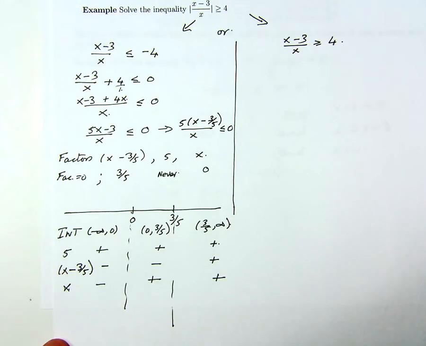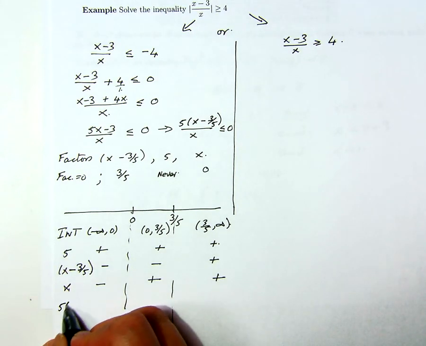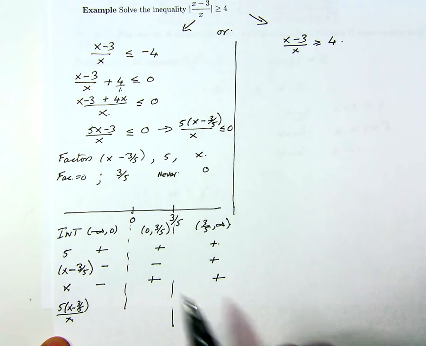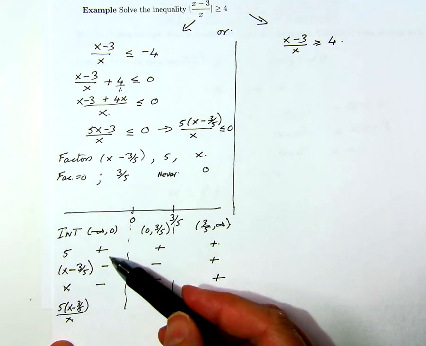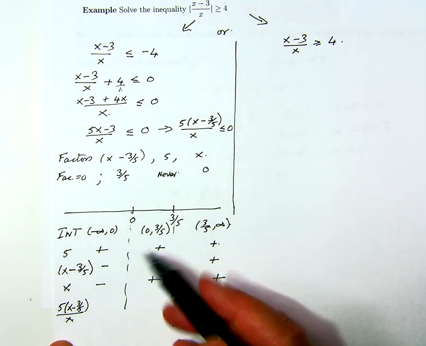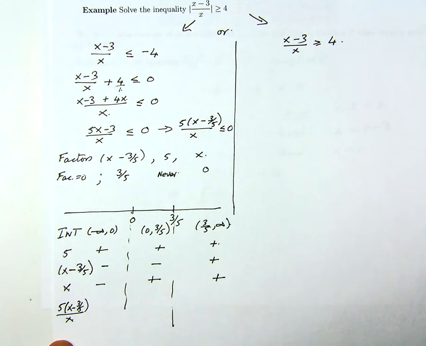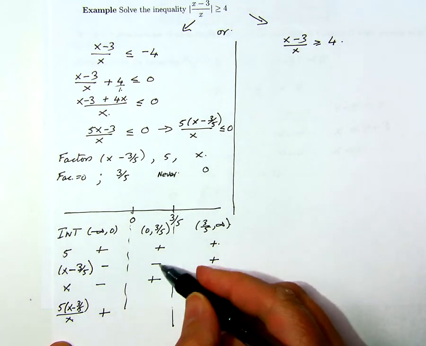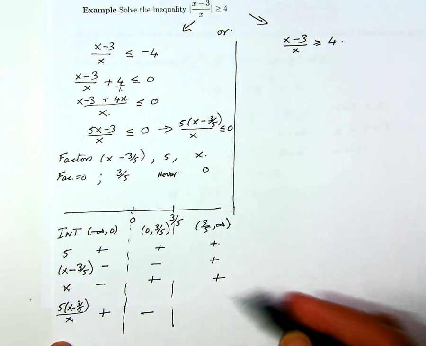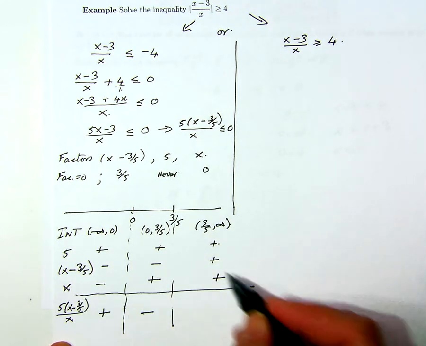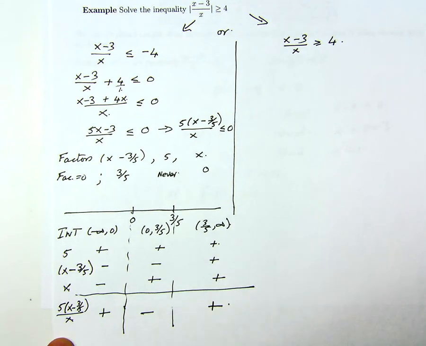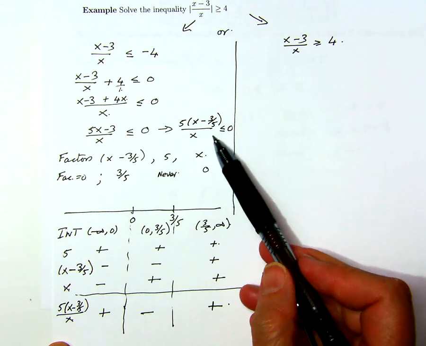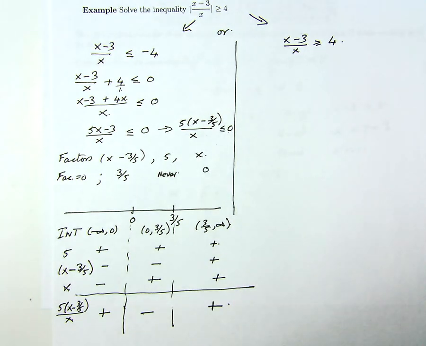Then finally, my rational function, 5 times (x minus 3 over 5) over x, has two negatives and a plus here, so I have an even number of negative factors, so it's going to be positive there. An odd number of negative factors here gives me a negative, and they're all positive here, so I get a positive. And I'm interested in knowing when this rational function is less than or equal to 0.